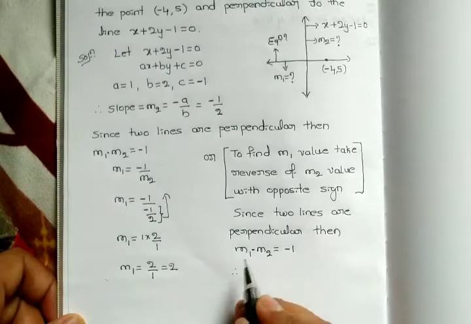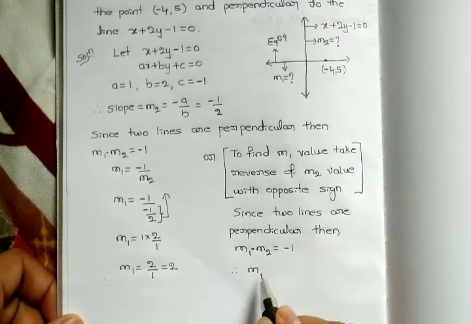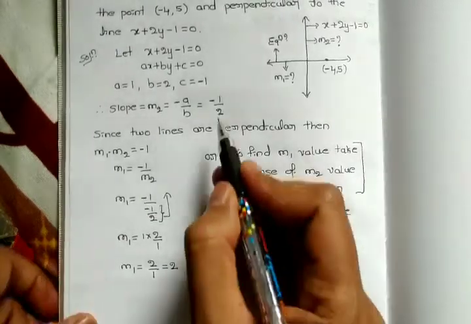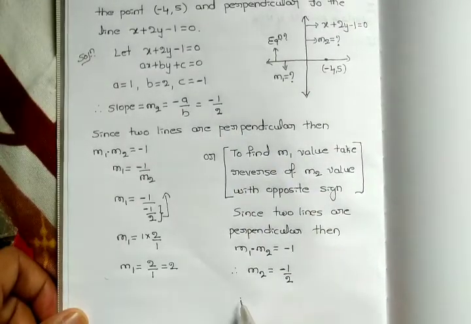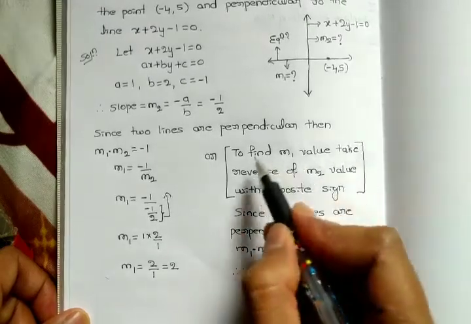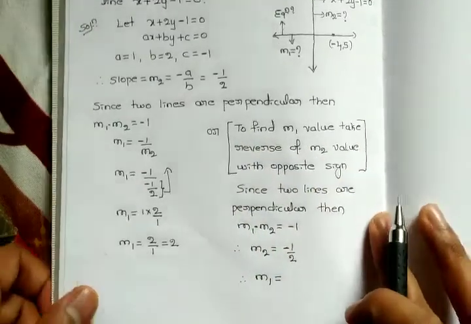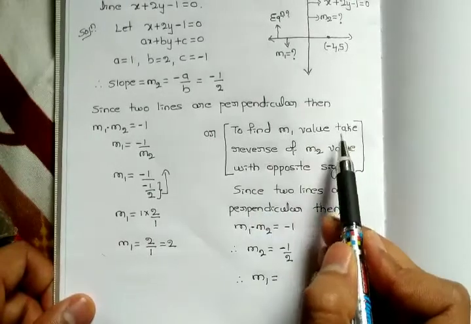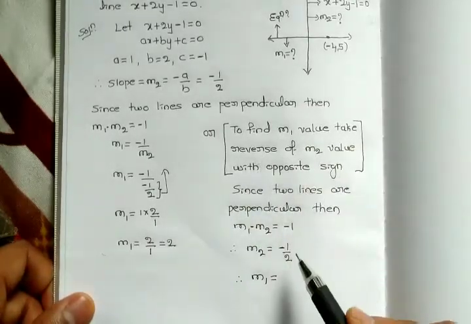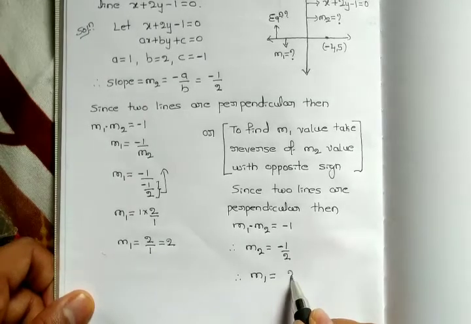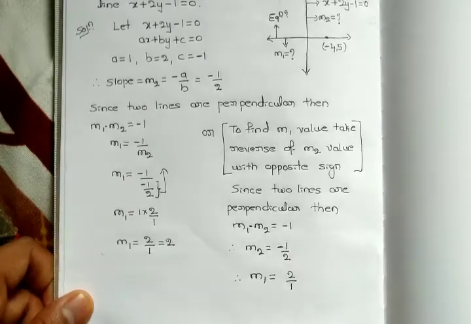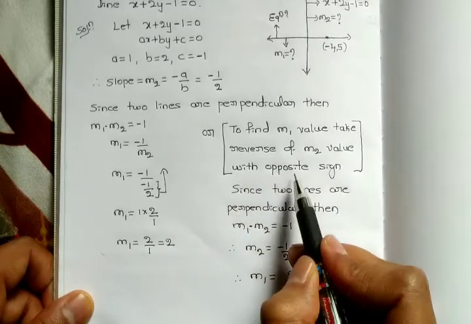Therefore, you already know the m2 value is -1 divided by 2. Just remember this condition: to find the m1 value, take the reverse of m2. The m2 value is 1 by 2, and the reverse of 1 by 2 is 2 divided by 1, with the opposite sign.